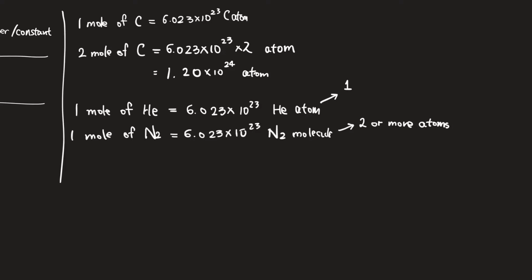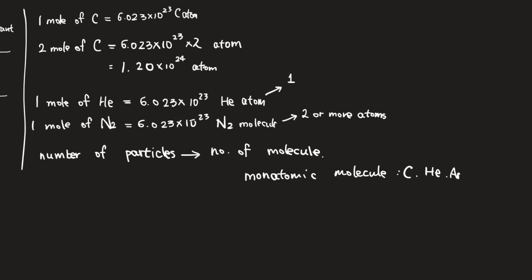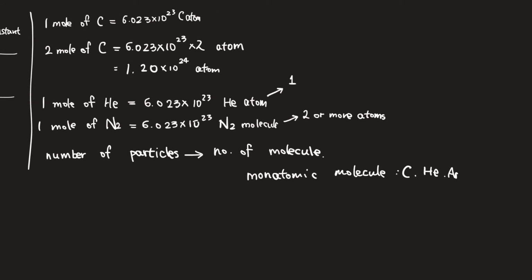If you're going to find out the number of particles, then you're actually going to consider the number of molecules. Sometimes you only have 1 atom, and that is what we call monoatomic. The simple examples are carbon, helium, argon. They exist as 1 single atom.